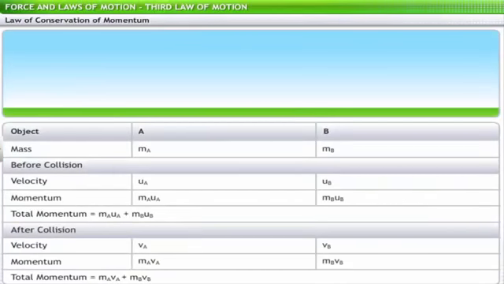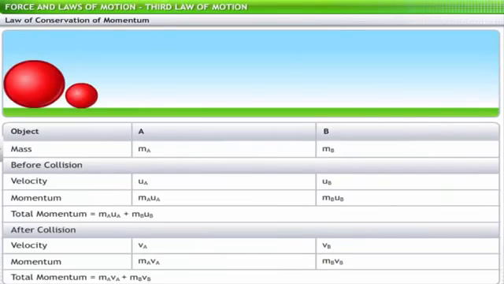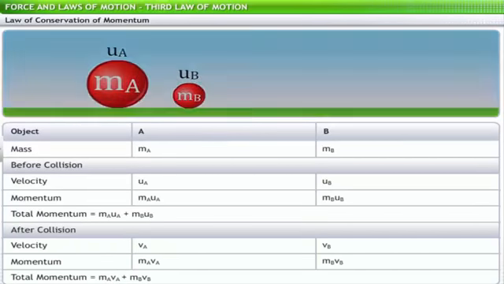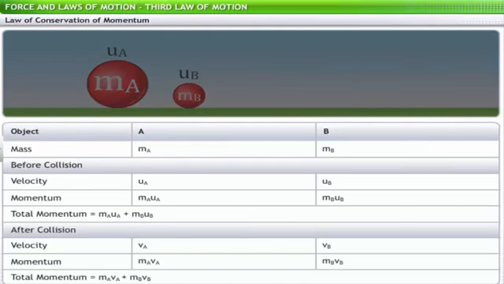To understand this law, consider two spheres, A and B, of mass ma and mb, moving along a straight line. A is following B, and both these objects display unequal initial uniform velocities. Let these velocities be UA and UB respectively.